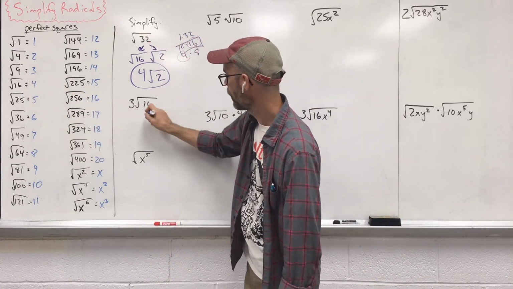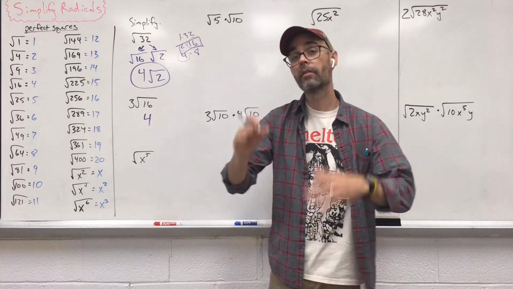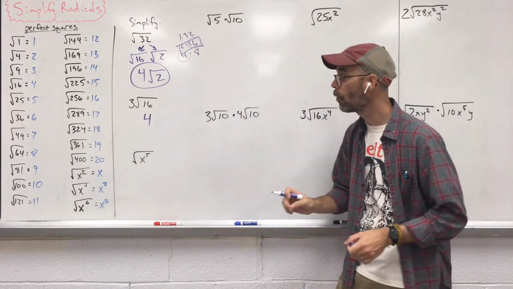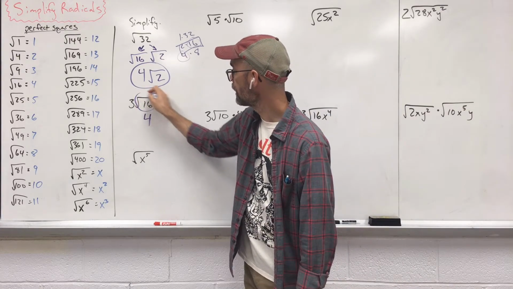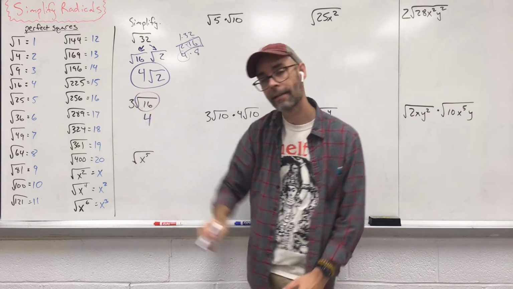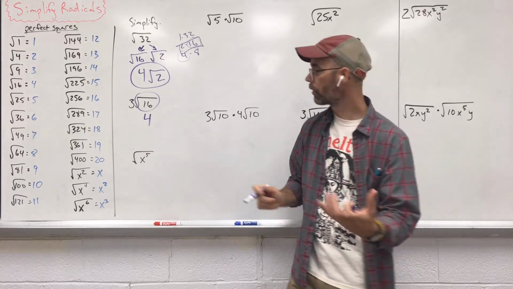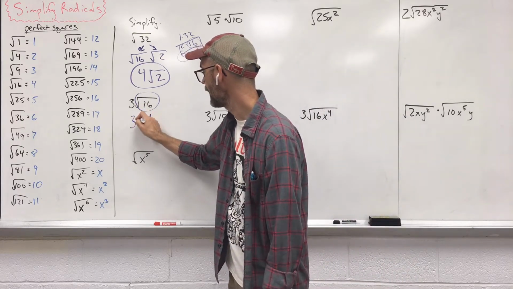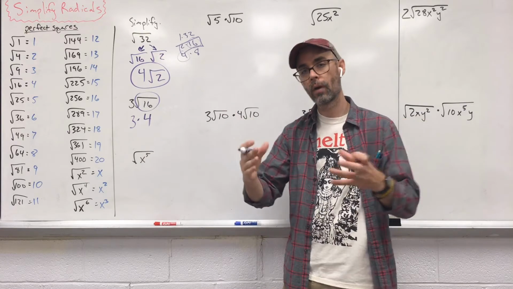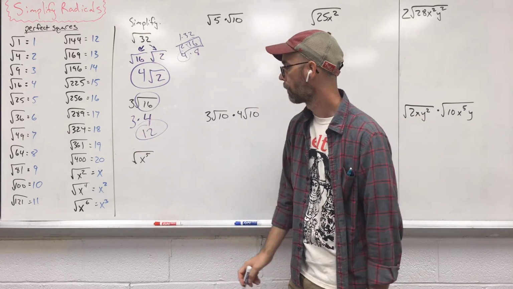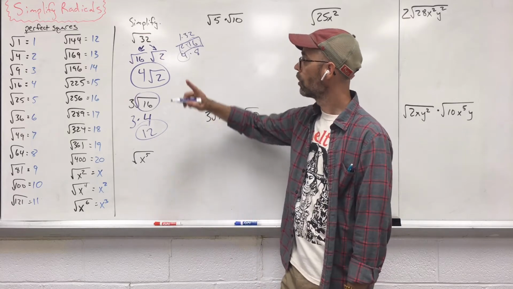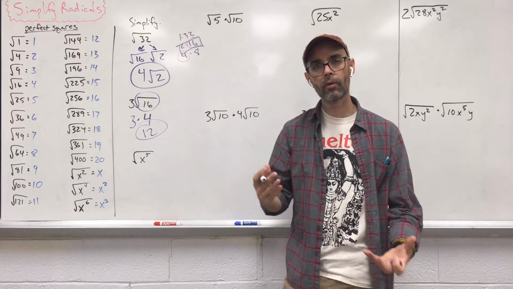So instead of the square root of 16, I'm going to write just 4. Now, this group right here is right next to that 3. They're touching each other. When they're touching, that means it's multiplication. So I need to multiply my two answers together now, and we get 12. All right, so that's what it looks like with numbers.